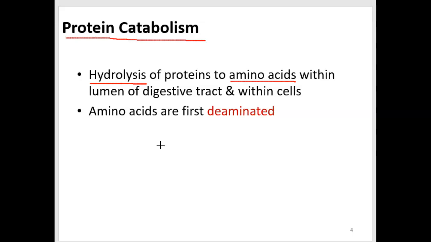They can also be taken up into the blood and travel all over your body so that many cells can take them up. Before they can enter the chemical reactions of aerobic cellular respiration, the nitrogen has to be removed. The nitrogen, you'll remember, is in an amine group, so amino acids are first deaminated.